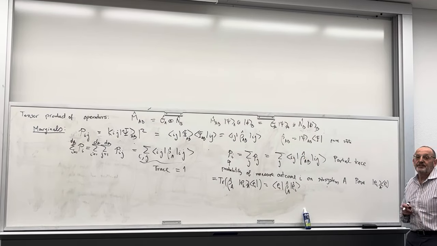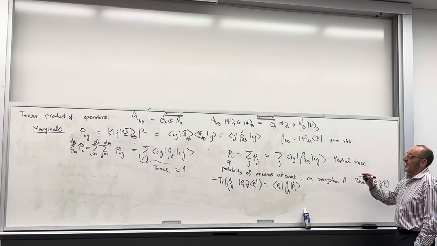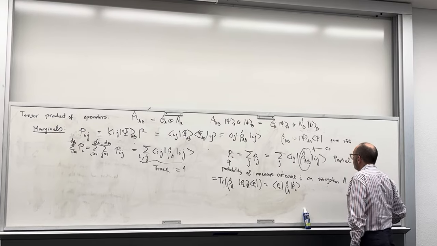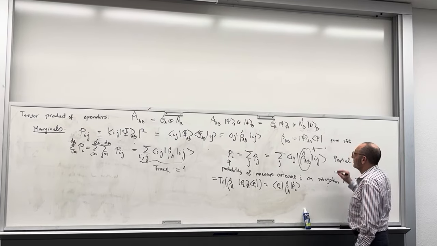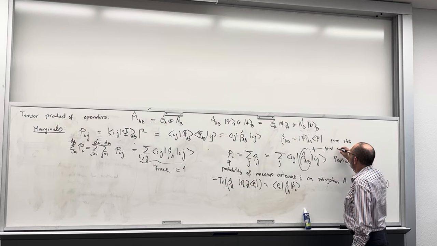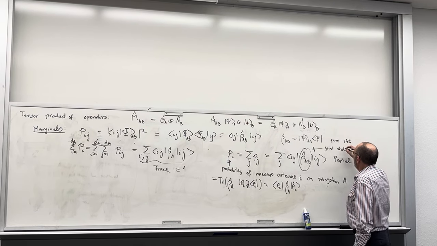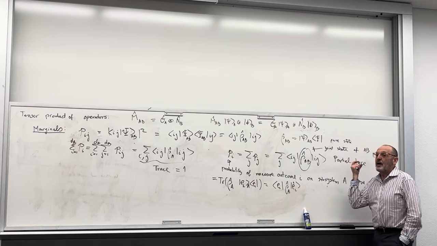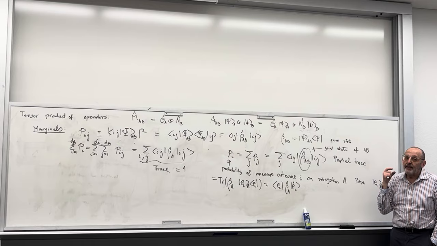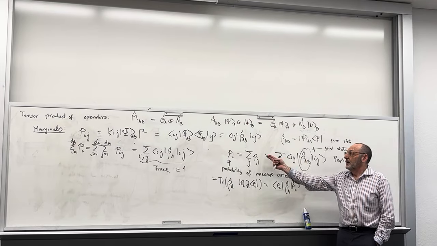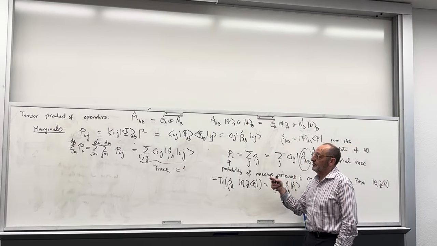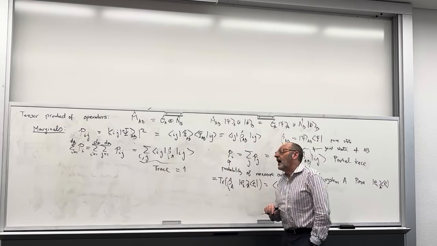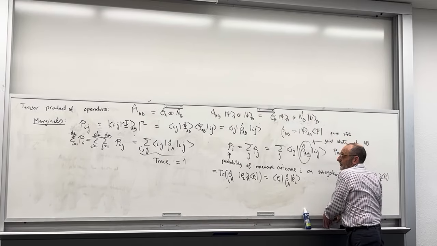So the question is, what is the marginal state? If this is the joint state of the system, the state of the bipartite system, A and B together, and this tells me the probability distribution of a particular joint measurement, I want to know what is the marginal state.